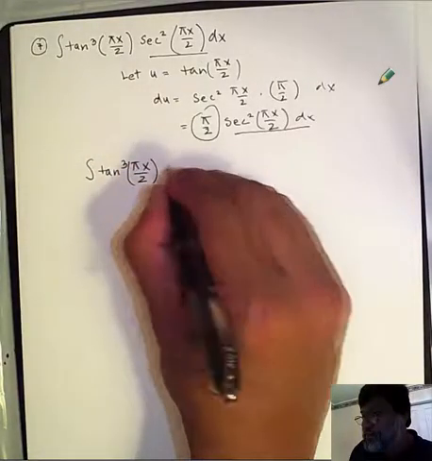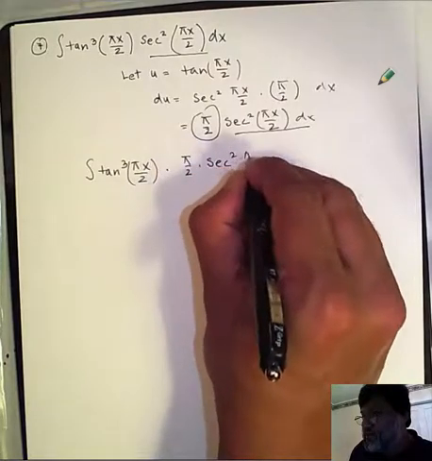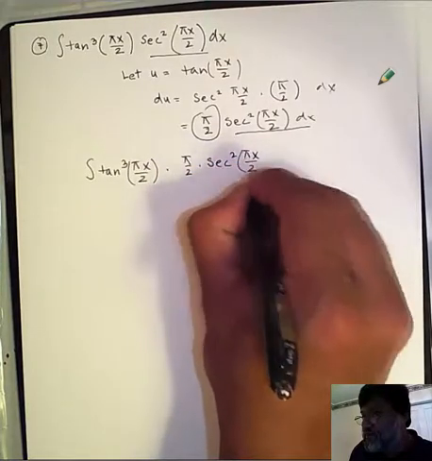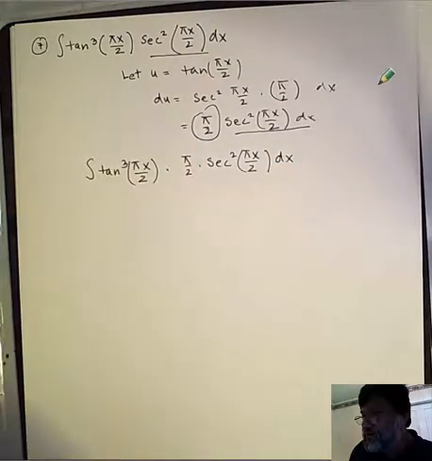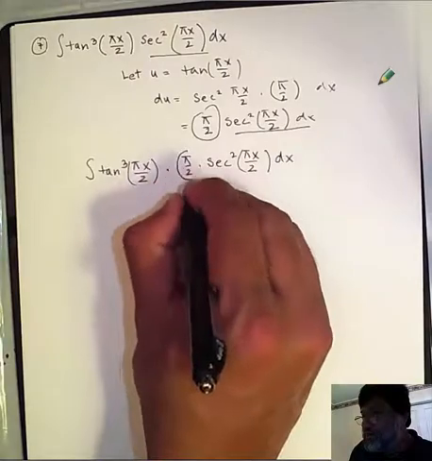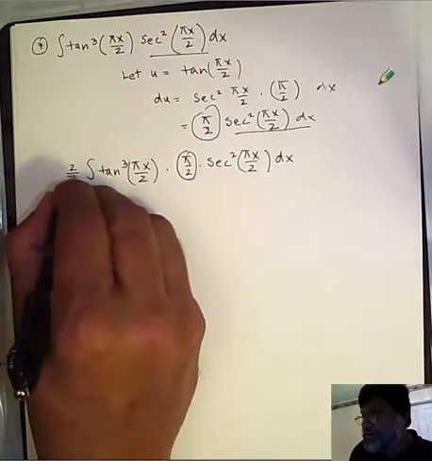But since we have pi over 2 extra, how do we offset it? 2 over pi.